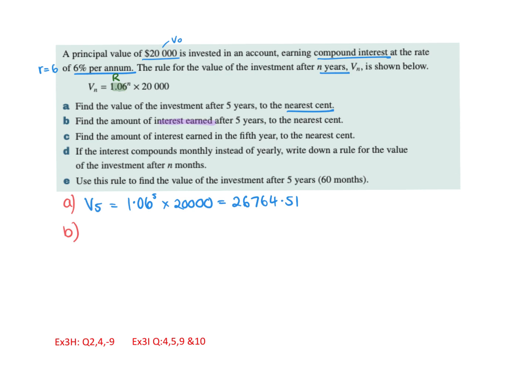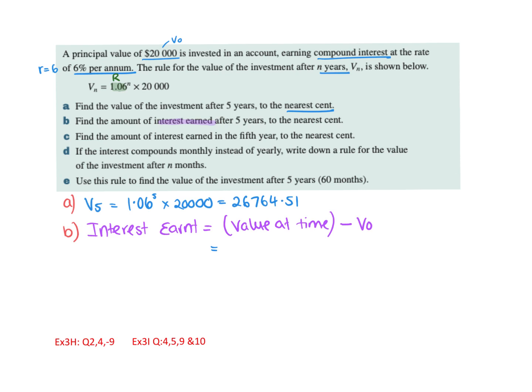Then the next question, it says find the amount of interest earned after 5 years. I want you to make sure you highlight this next bit, because this is a rule that you probably need to use a little bit. So interest earned, let's write that. I'm just going to give you a basic formula: interest earned equals the value at time, so in this example, they want the value at 5 years, and then we minus V0.